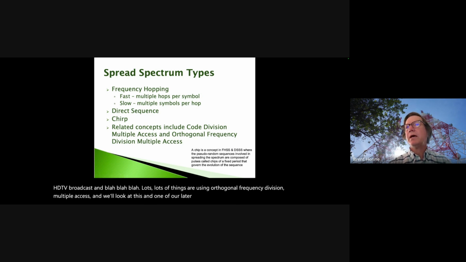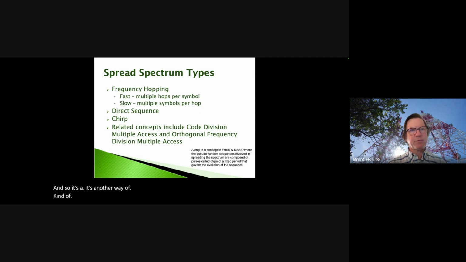It's coming up. So it's another way of kind of spreading our information over broader ranges of frequency, so we can deal with jamming or fading or these type of things, but also at the same time allowing multiple people to communicate at the same time.